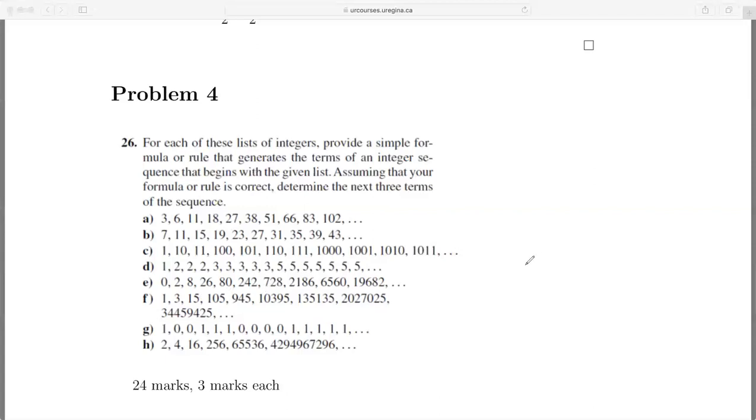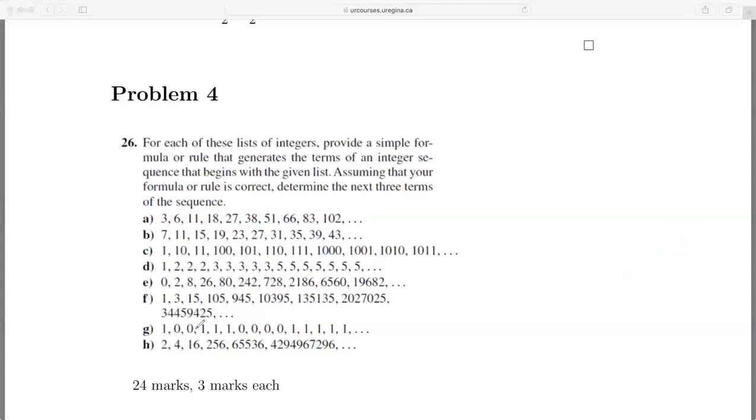So if we create the formula, an equals the previous term multiplied by 2n minus 1. So that's our formula for finding F.